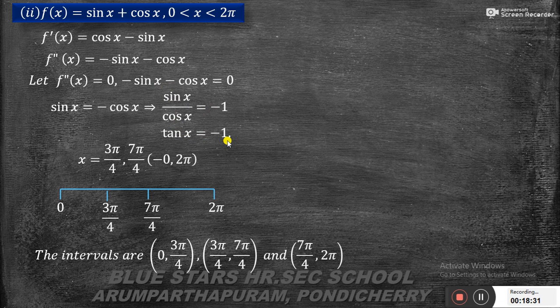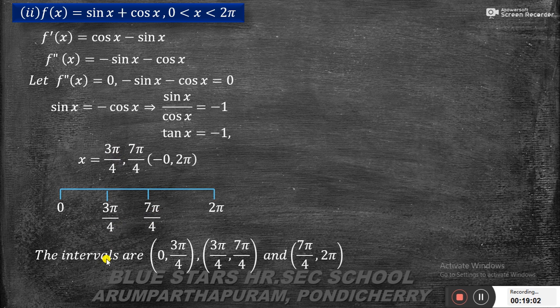So tan x equal to minus 1 means the x values are 3 pi by 4 and 7 pi by 4. Because they gave the limit 0 comma 2 pi, I write 0 and 2 pi, and mark under these intervals the angles 3 pi by 4 and 7 pi by 4.